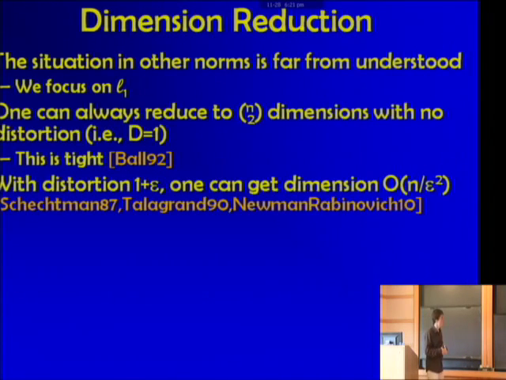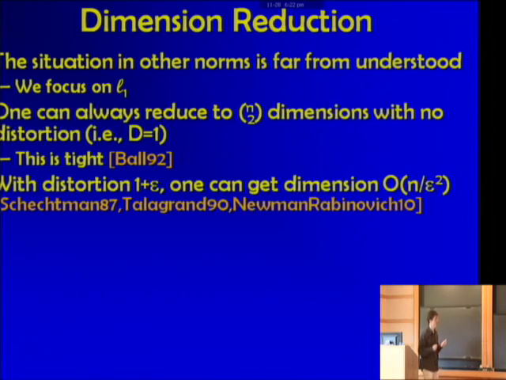Right. So if we allow a little bit of distortion, if the distortion is 1 plus epsilon, then it turns out you can do much better. This is due to a sequence of works by Schechtman, Talagrand, and recently by Newman and Rabinovich, who removed an extra log factor from that term.